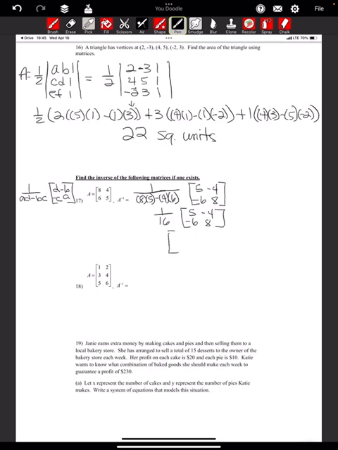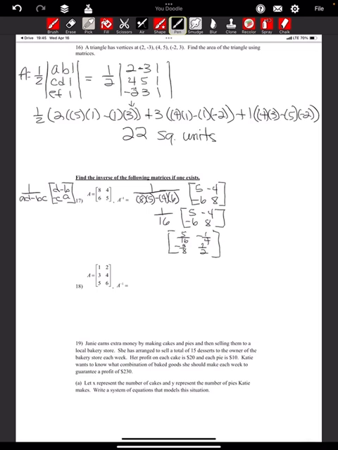So we should wind up with positive 5 over 16. 1/16 times -4 is -1/4. -6 times 1 over 16 becomes -3 over 8. And then 1/16 times 8 is positive 1/2. All right, and that's our final answer.